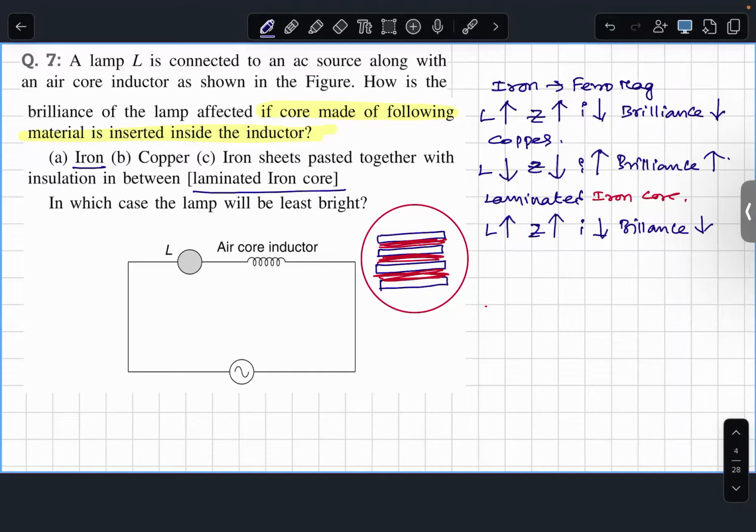Now tell me in which case the lamp will be least bright. Think again.